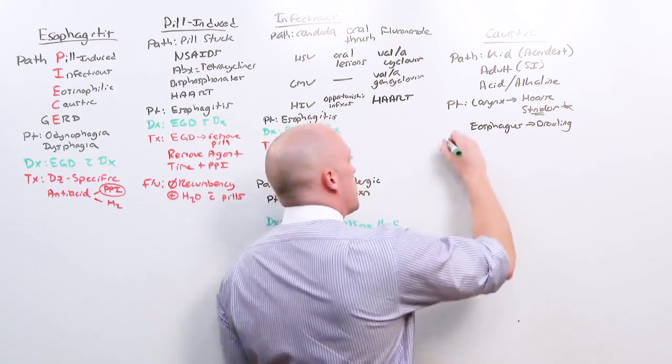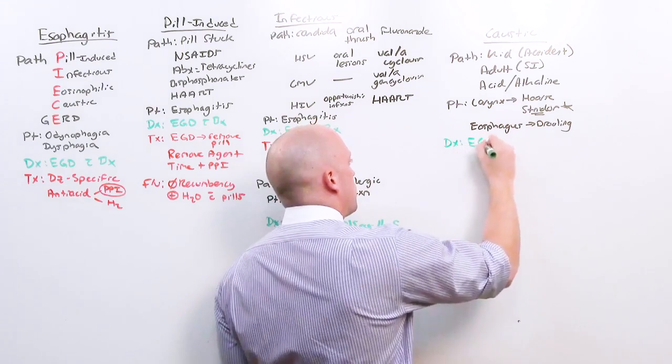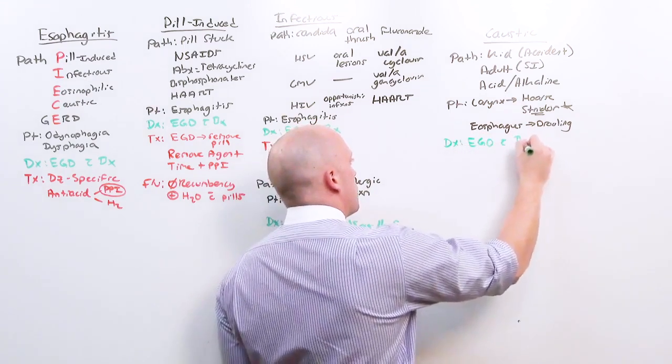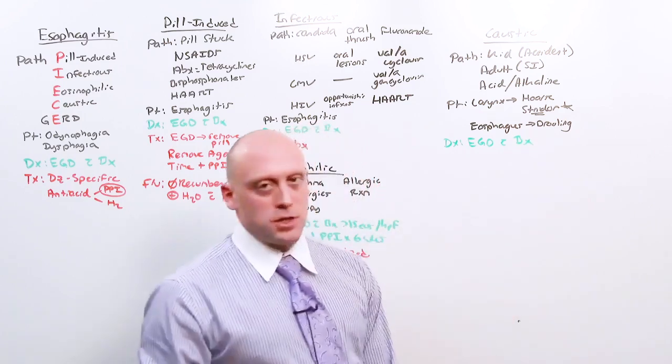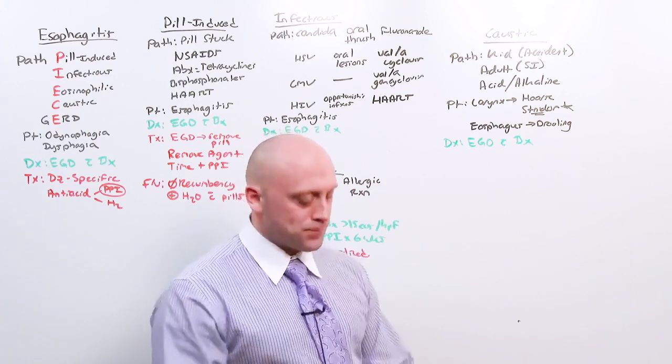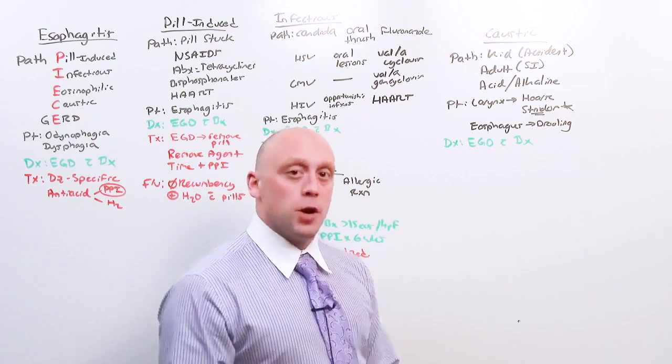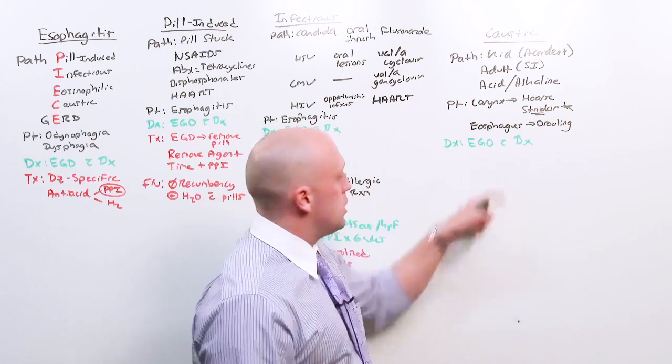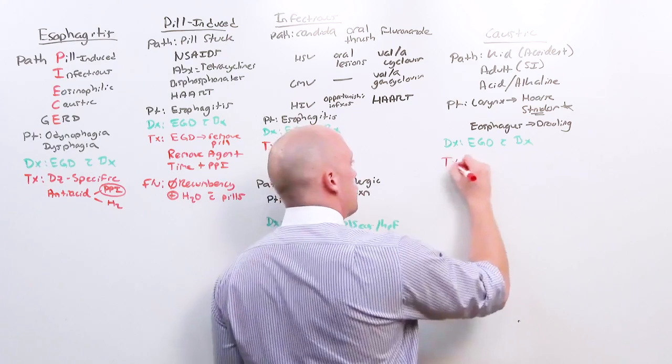The diagnosis is made by endoscopy. But you're not doing it to find out they ingested a caustic substance. You probably know that because that's why they're there, if it's a mystery, but often you don't. You do the EGD to determine the severity.